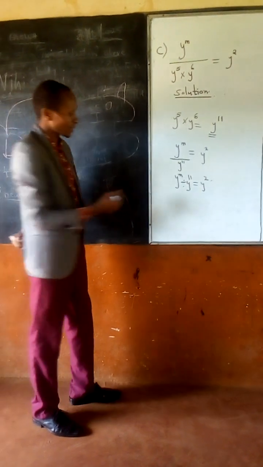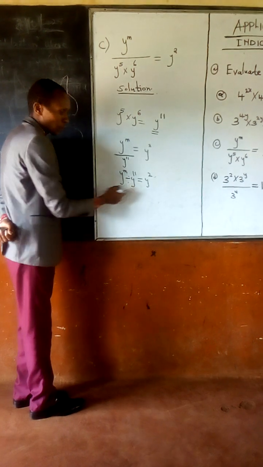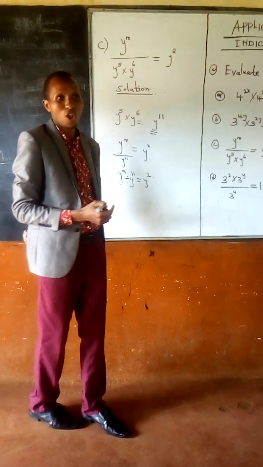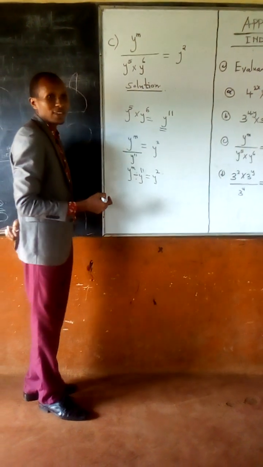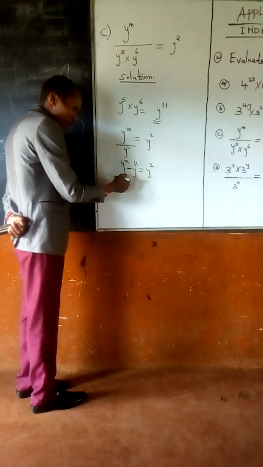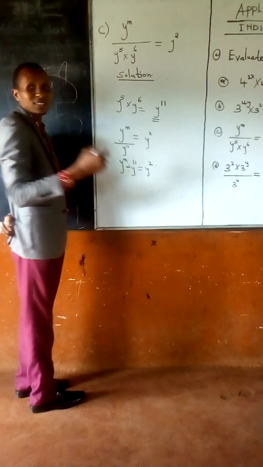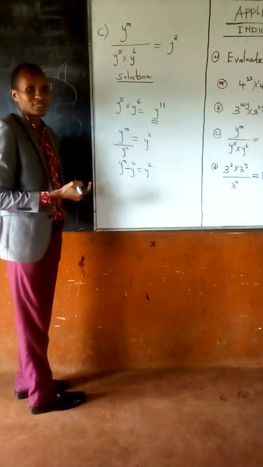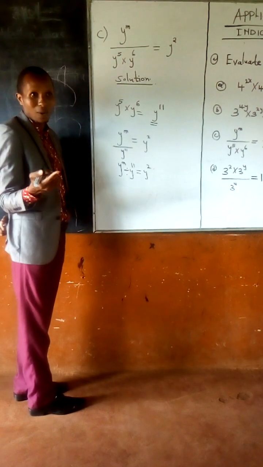Now, from there, class, this is division, so we are going to apply division law. So this is y raised to m divided by y raised to 11. When it is division, you minus the powers.